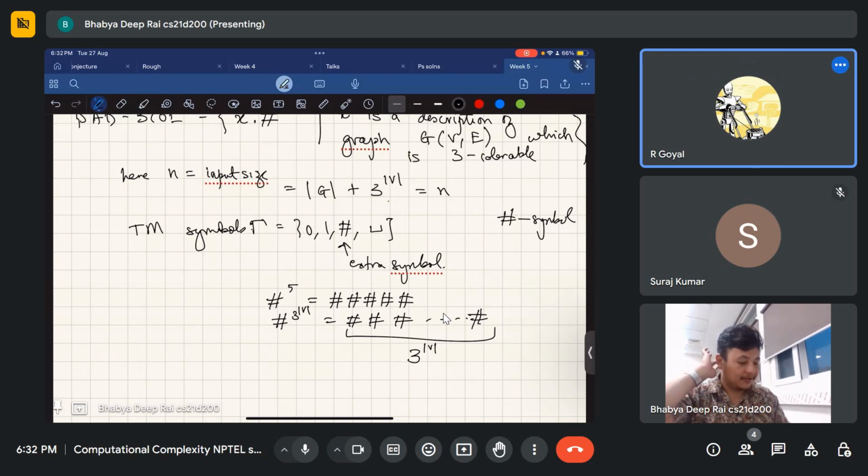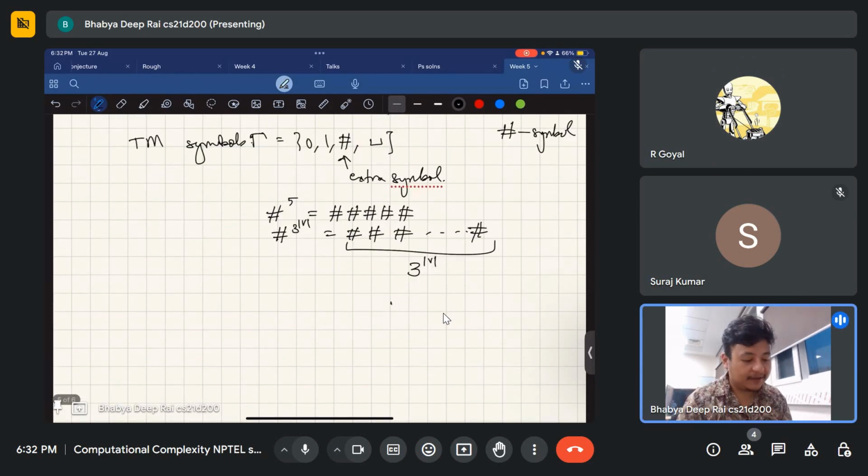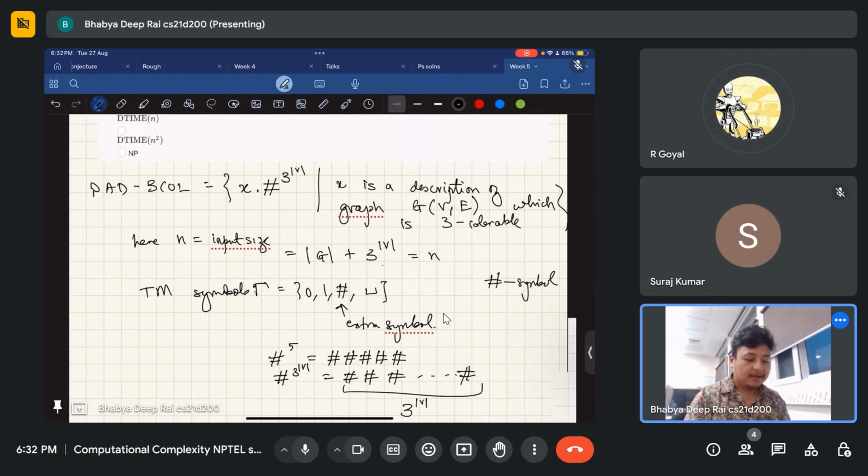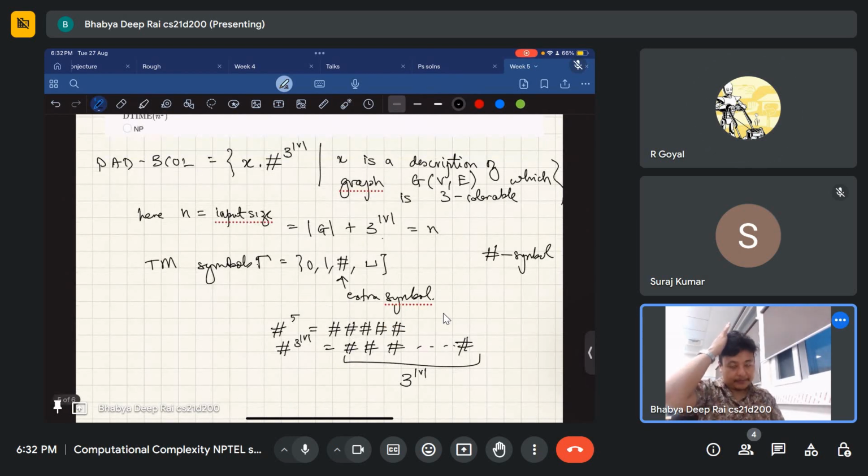Padding does this. This kind of argument, if you remember, is used in showing that if P equals NP, then EXP equals NEXP. We used padding to show this, in the lectures. So now we have this.